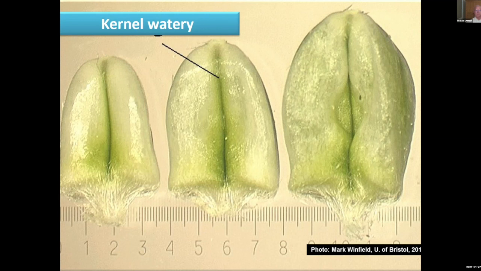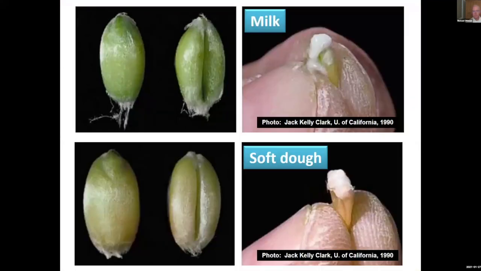After the kernel watery stage, you get to a stage called milk. Literally, if you press the developing kernel between your thumb and forefinger, a milky substance emerges when you squeeze it.